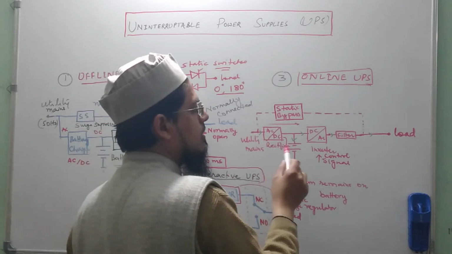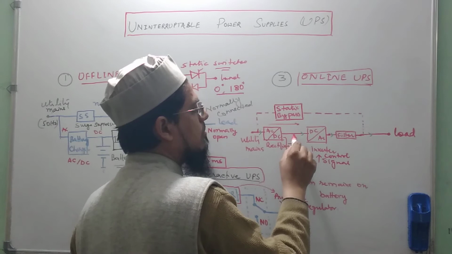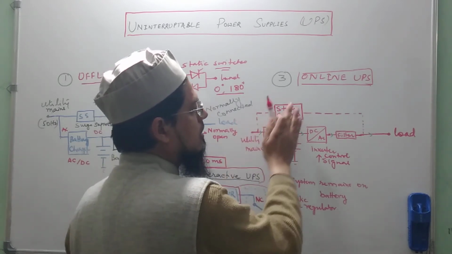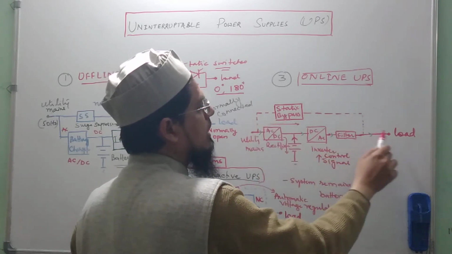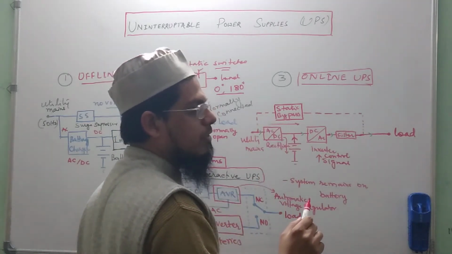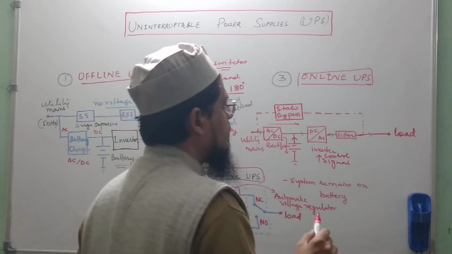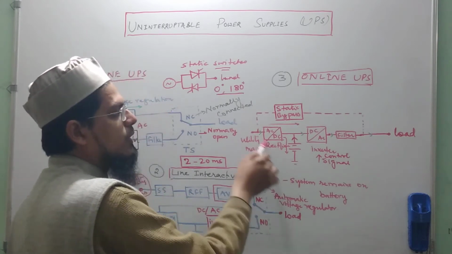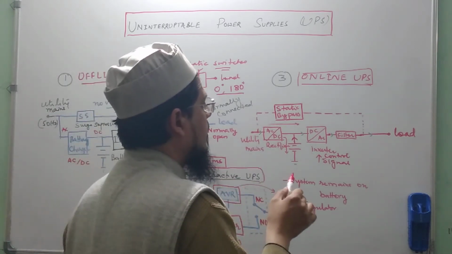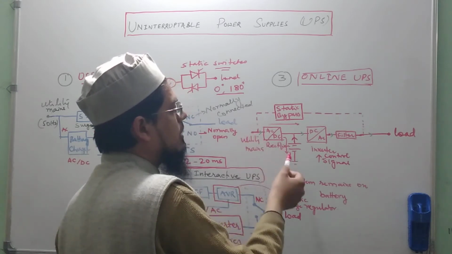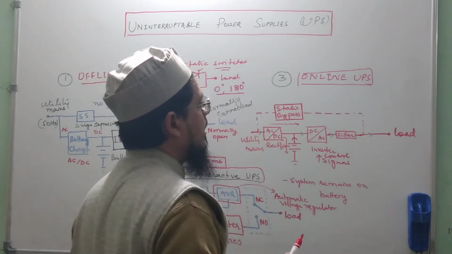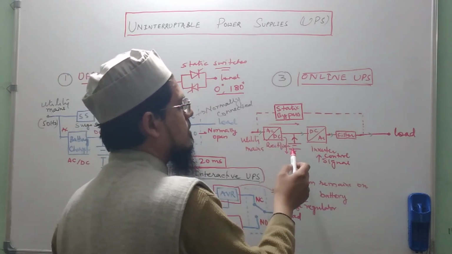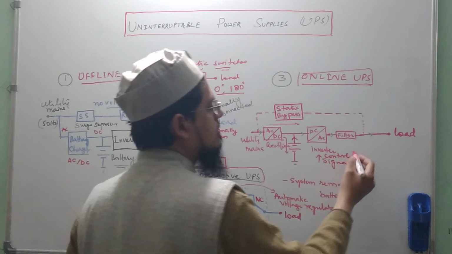In that case, the power transfer is now from the battery, and this path gets disconnected from the system, and the battery provides the power to the load. And you could see that the transfer of the power from the utility main to the battery is quite fast here. And one more thing is that this battery is trickle charged.